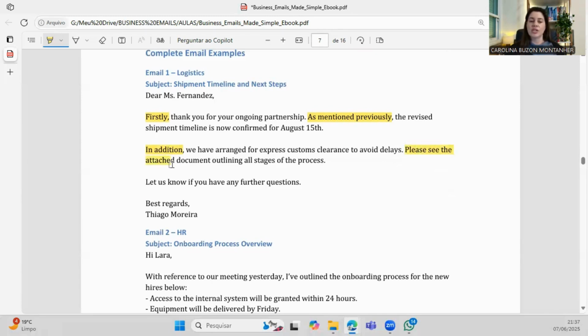Please see attached document outlining all stages of the process. Let us know if you have any further questions. Best regards, Tiago Moreira. Come on, analyze this email. How beautiful it is. Every time you are on your routine, you want to have organized things. It saves time for you.